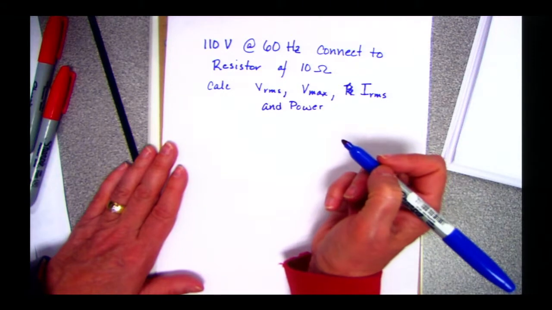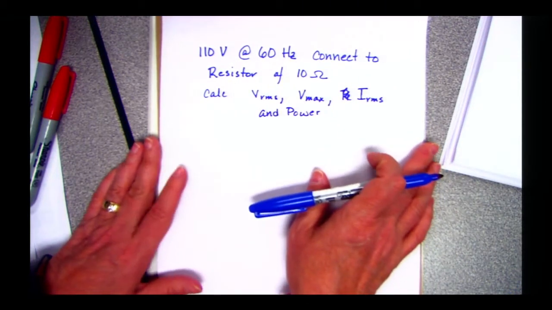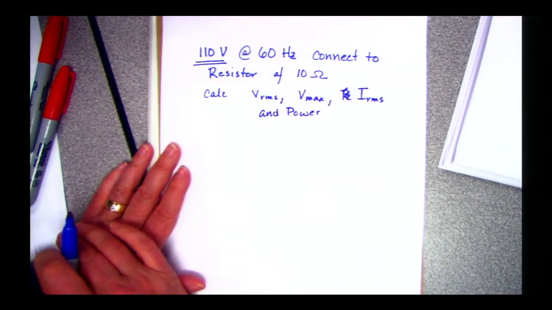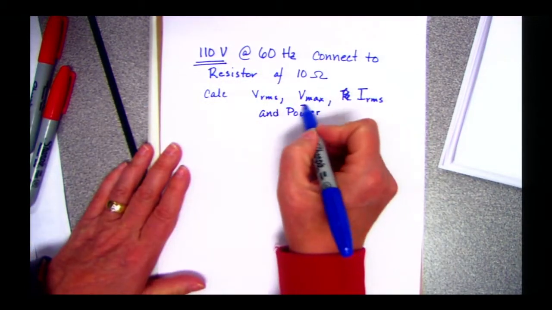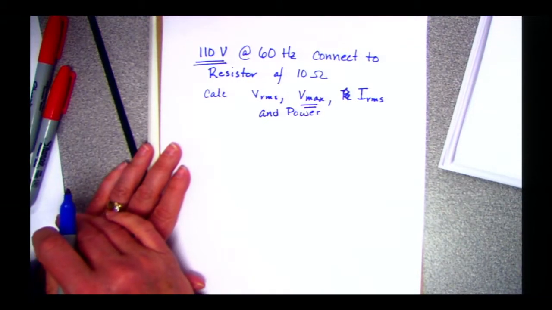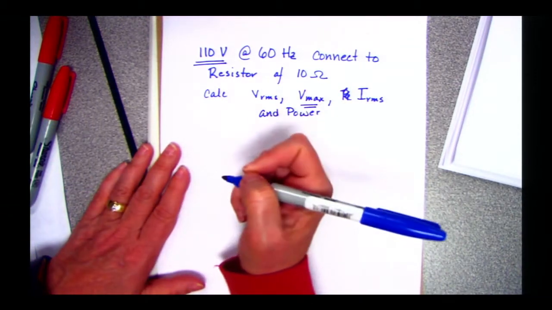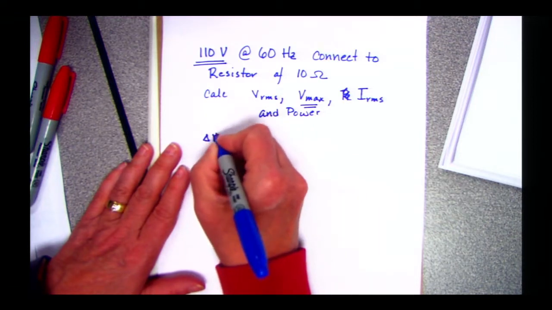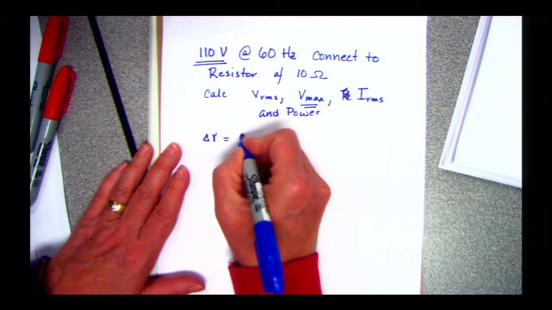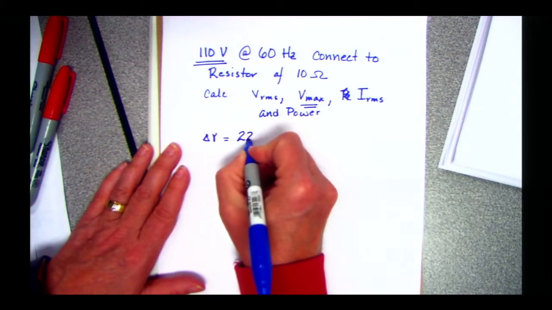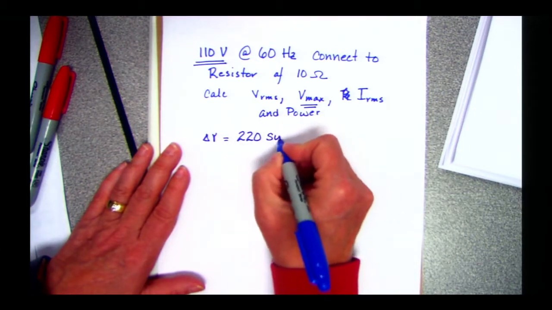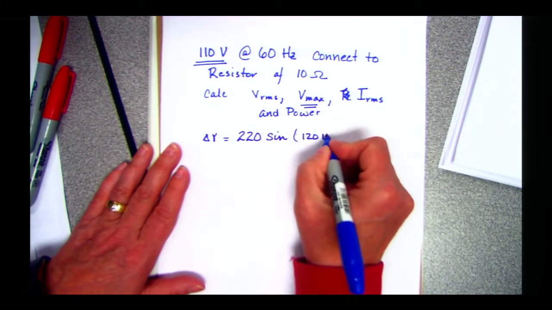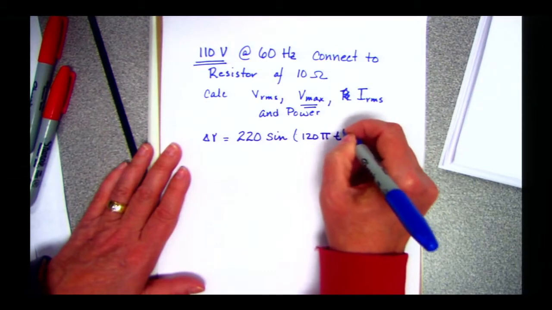So, clue here when you get these problems is to look at what they actually give you. We're told that we have a 110 volt circuit. That's my RMS voltage. Now, WebAssign, when you're working on your homework, might give you that my little script voltage is going to equal, let's do 220 sine 120 pi t.